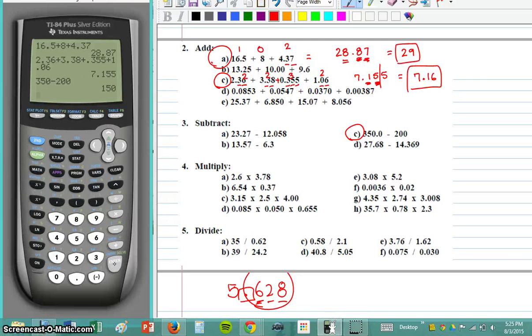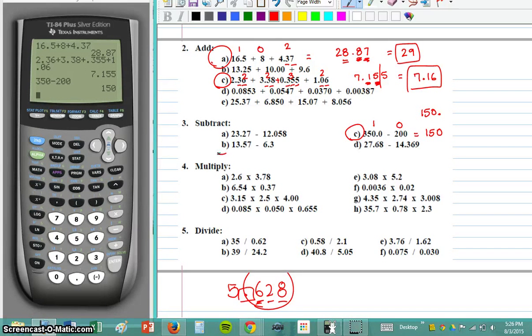So the answer is 150. This number has 1 number after the decimal. This number has no numbers after the decimal. So you're going to have no numbers after the decimal. So you can just leave it as 150. If you wrote 150 and a decimal here, that is also correct because you have no numbers after the decimal.